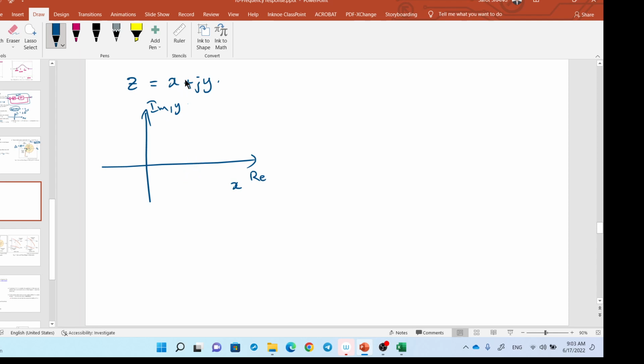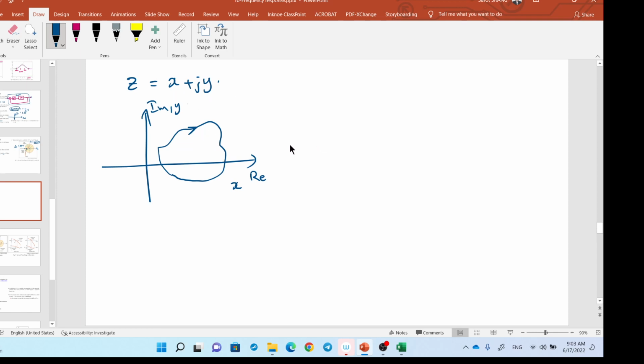If I take a set such that it creates a closed contour like this, and I move along the contour, this one is clockwise.